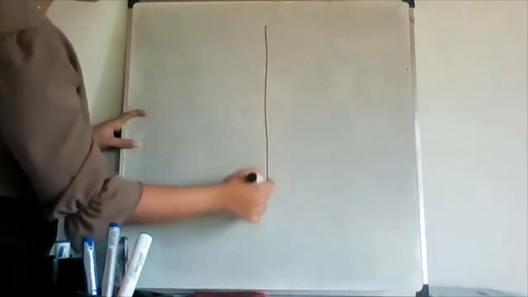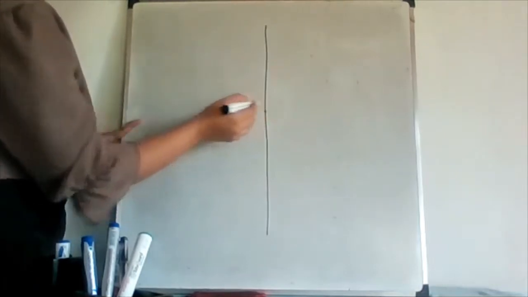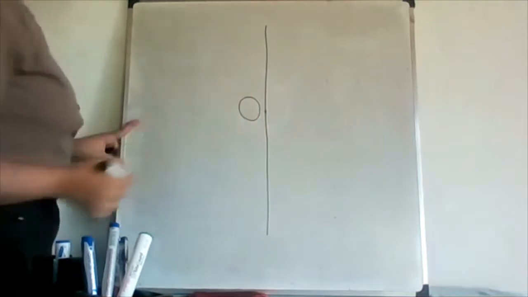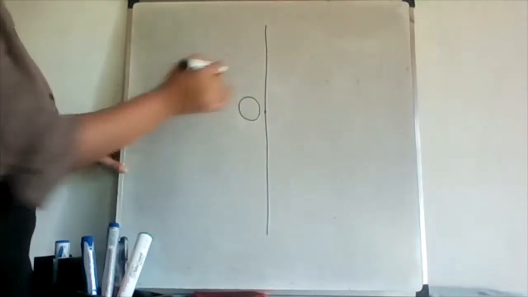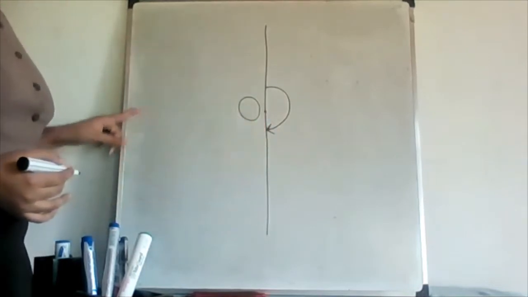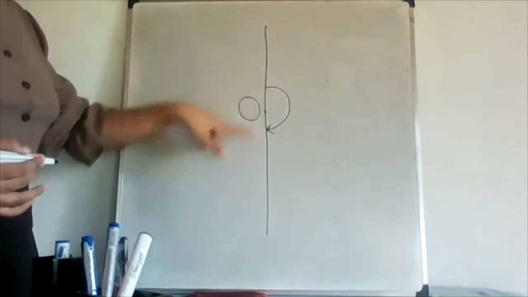First of all, I have drawn a straight line and I mark a point on the straight line as O. Next, I will draw an angle on this straight line. Now I have drawn an angle on a straight line.